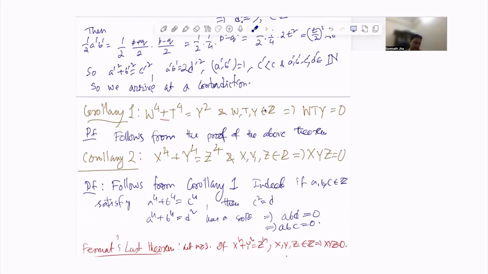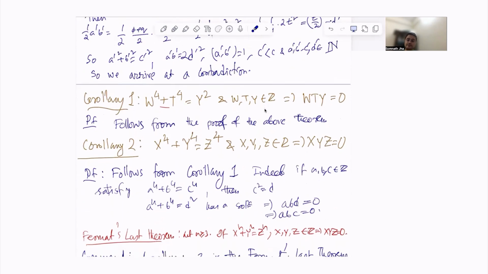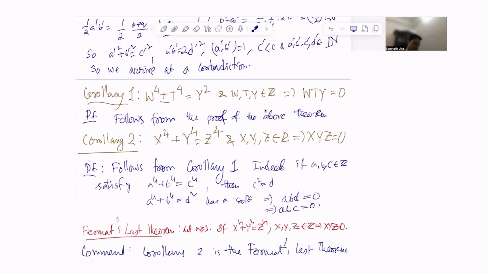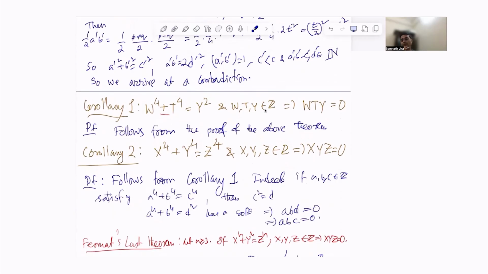And as I said, this was the special case of Fermat's last theorem, that if n is greater than 2, then x to the power n plus y to the power n equal to z to the power n is only possible when the product of x, y, z is 0. This was proved by Wiles, along with important ingredients from many people, almost 350 years after Fermat's conjecture.